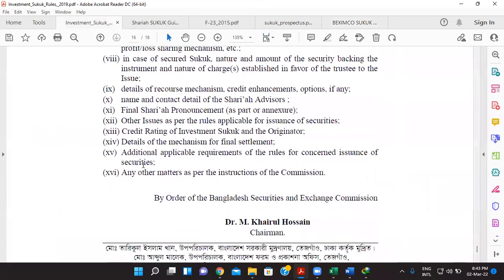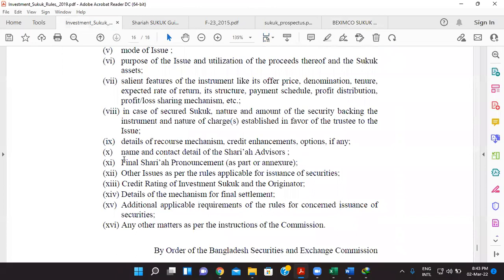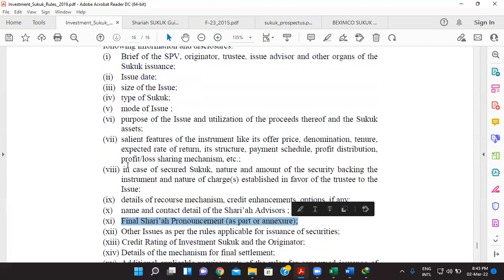These are some basic things which need to be covered. Final Shari'ah pronouncement as part of the annexure. Okay. So who has given this Shari'ah pronouncement? The Shari'ah Supervisory Board. It has to be annexed in the prospectus, as given by the Shari'ah Supervisory Board.